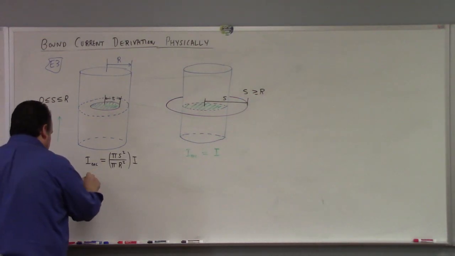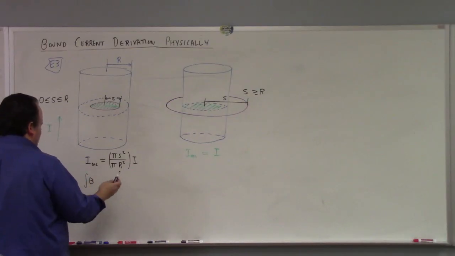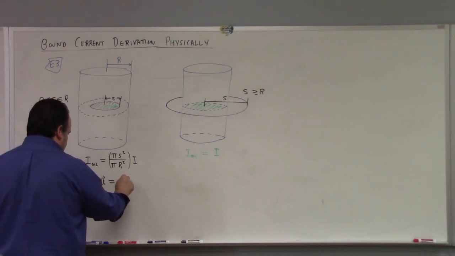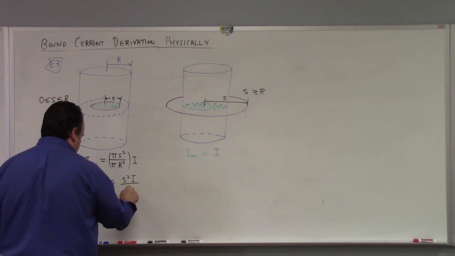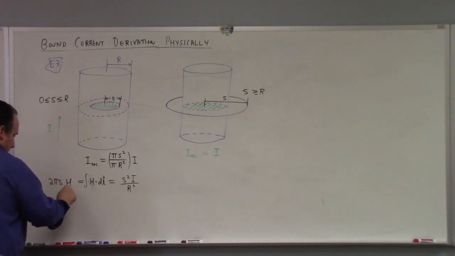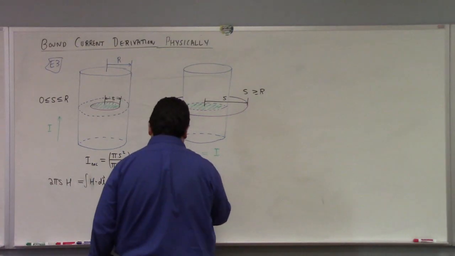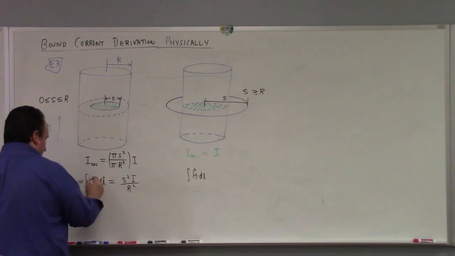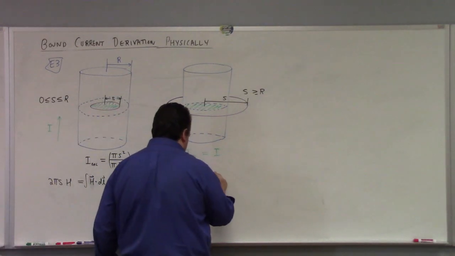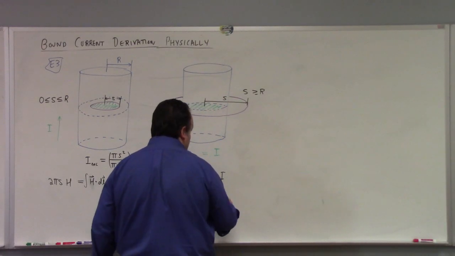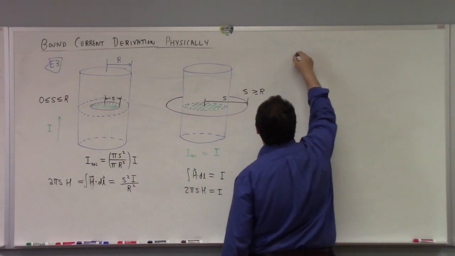No, okay. So then we have the integral of H dot dl equal to s squared I over r squared. But by the symmetry of the problem, this is also equal to 2 pi s times H. And over here, we likewise get the integral of H dot dl is equal to I. So we get 2 pi s H is equal to I. So in summary, we have the following formulas.